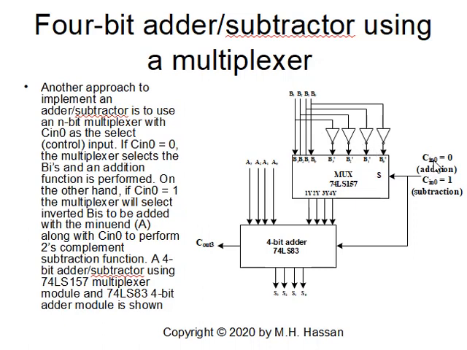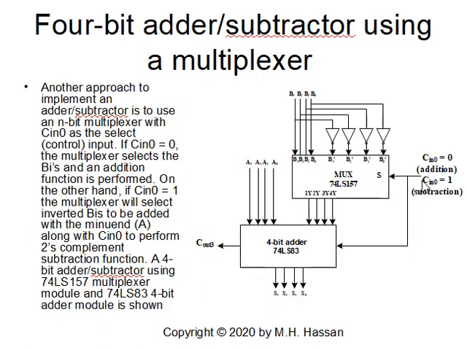Based on Cin 0, if Cin 0 is 0, the multiplexer will pick up the B's, and this will be a normal adder. So the output from the multiplexer will be B0, B1, B2, B3, and this will perform addition, and the output will be S0, S1, S2, S3, and Cout.